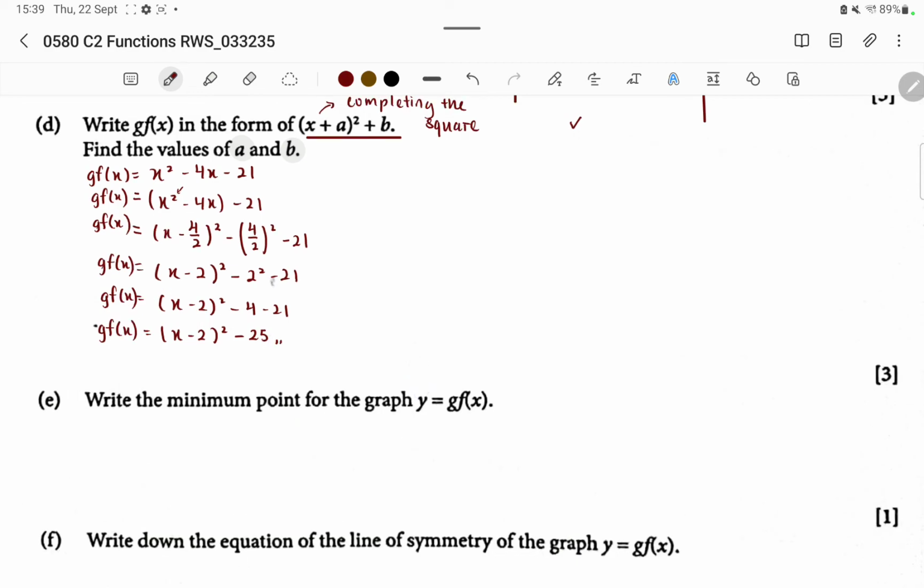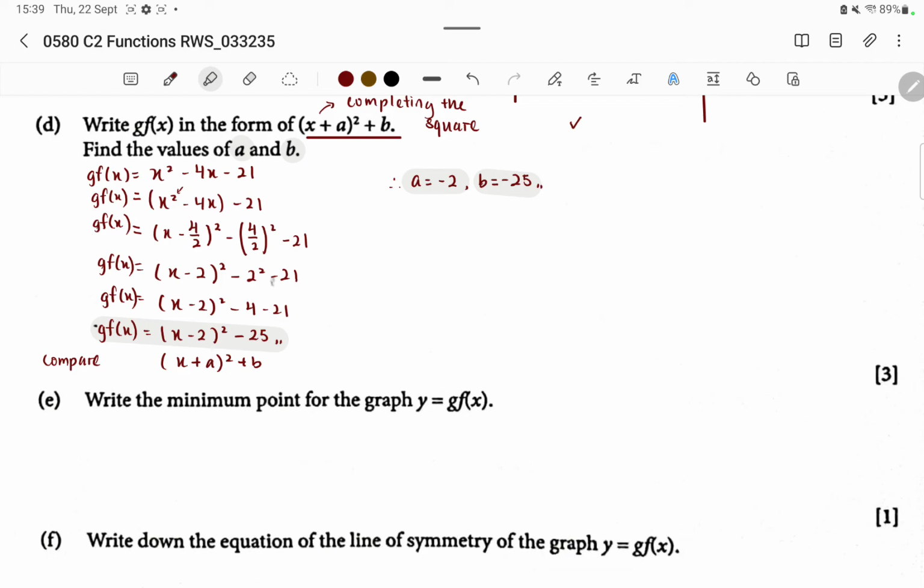Then after that, we have to compare with (x plus a) squared plus b. So we know that a equals negative 2, b equals negative 25. For D, 1 mark will be at here. Second mark, third mark.